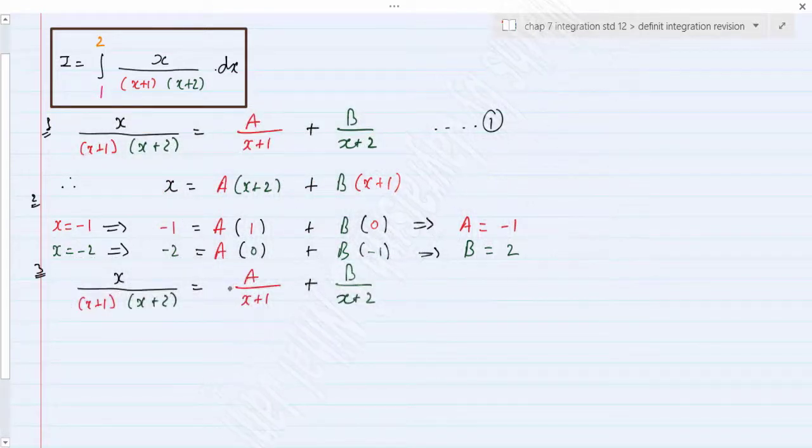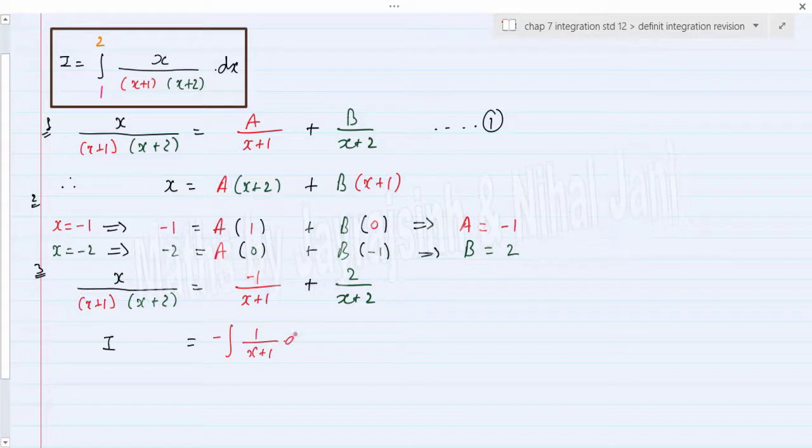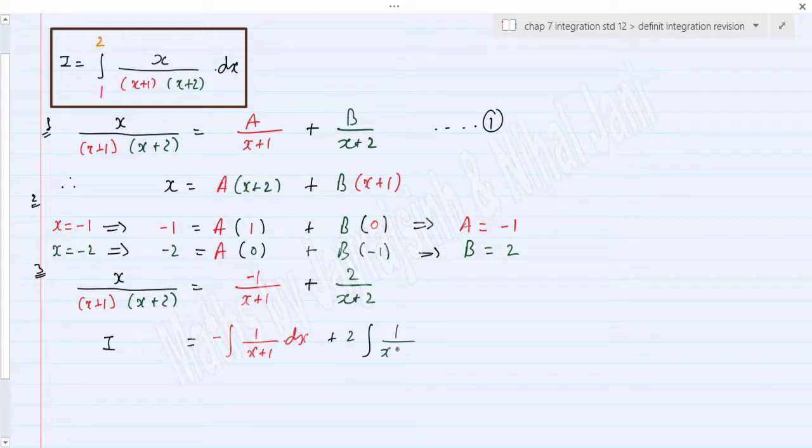Now let's place the value of a and b. We know the value of a is minus 1 and the value of b is 2. Integrate both the sides. On left side we will get our I, and on right side we have to integrate 1 upon x plus 1, and this 2 is constant, take it outside, and 1 upon x plus 2 dot dx.